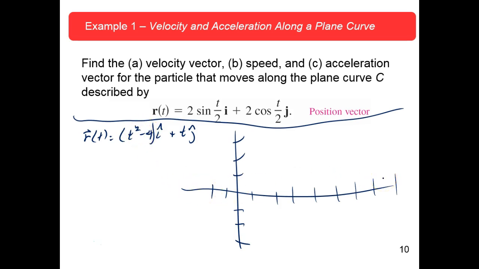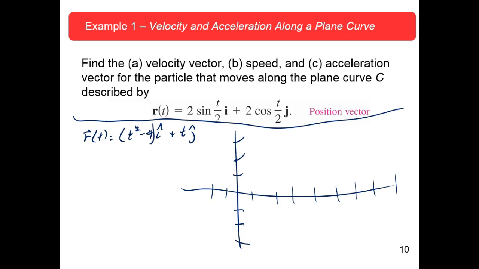Off scale. So let's pick one a little bit smaller. 2. 2 squared is 4 minus 4 is 0. So that'll be 0i. So you're somewhere on the y-axis. And if you pick 2j, there you are. So there's a point on the curve.